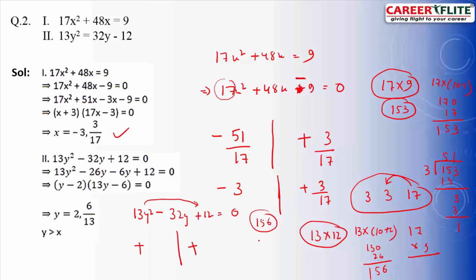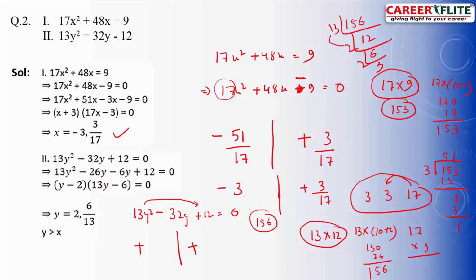So what will be the two numbers? First, for that you can take the factors of 156. 1 13s are 13, 2 6s are 12, 2 3s are 6. So how can you write? 13 3s are 39, and 39 multiplied by 4 we will get 156. Not possible.